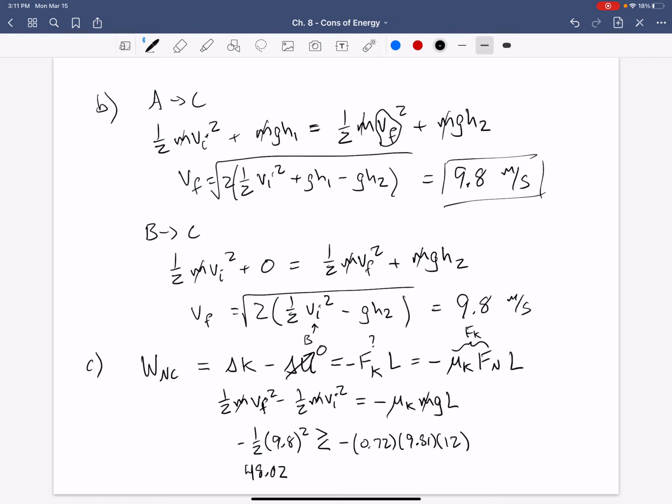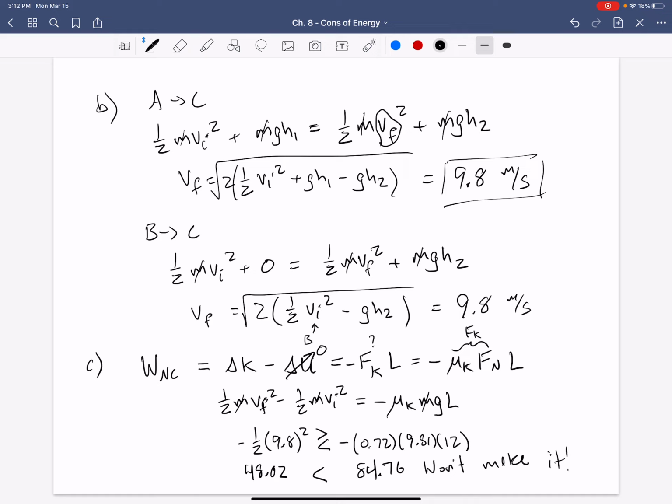And then the work done by friction is a whopping 84.76. I'm not going to put units because they're a little messed up. But the numbers are such that the work done by friction is greater than the object's initial kinetic energy at point C. And so it won't make it across the frictional surface.